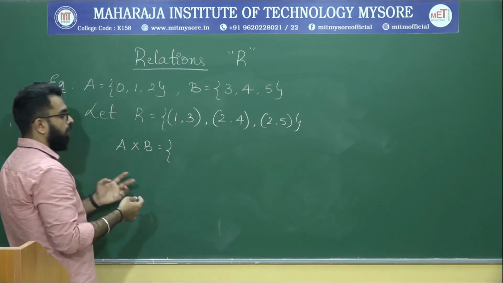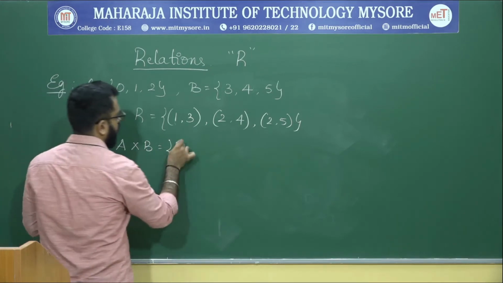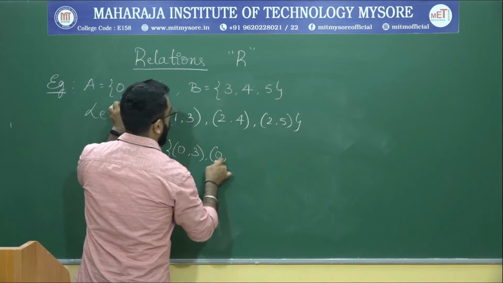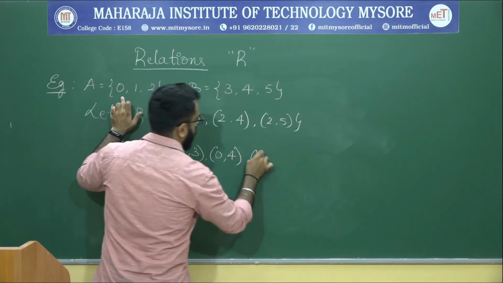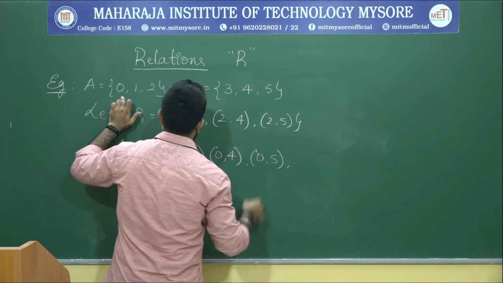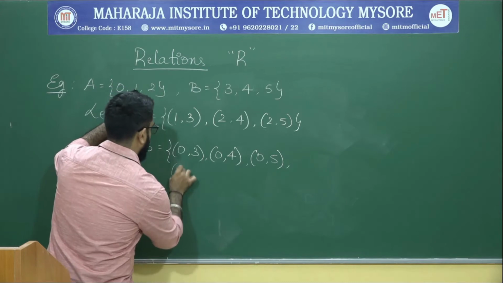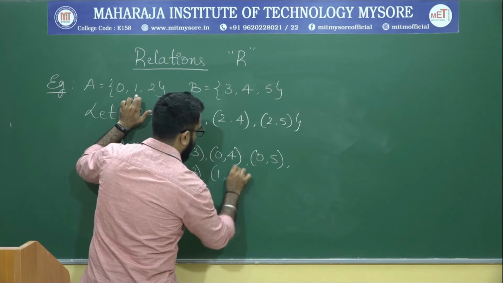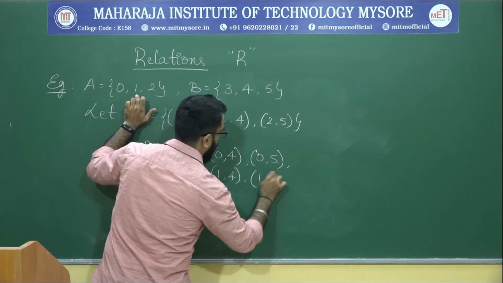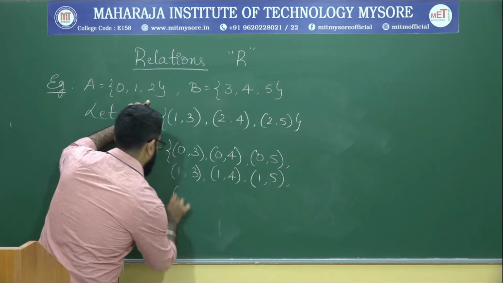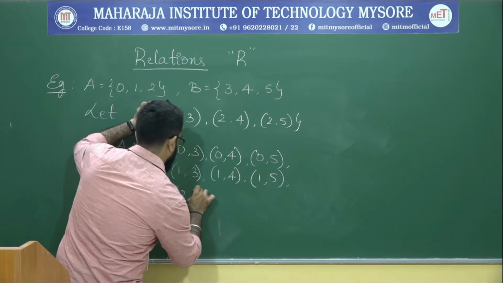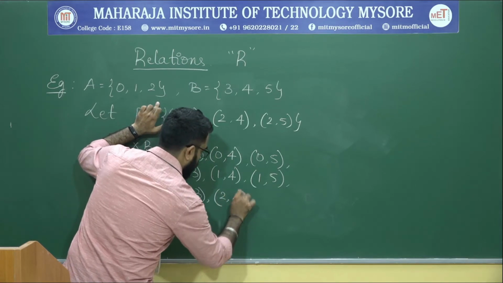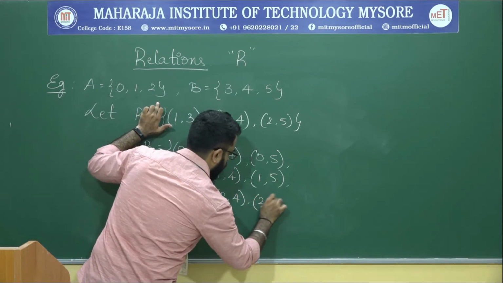What are the ordered pairs of the Cartesian product A cross B? They are 0, 3; 0, 4; 0, 5; similarly 1, 3; 1, 4; 1, 5; and 2, 3; 2, 4; and 2, 5.